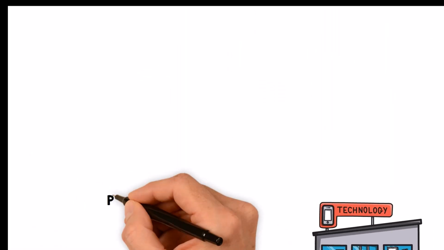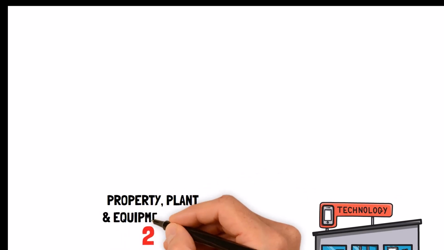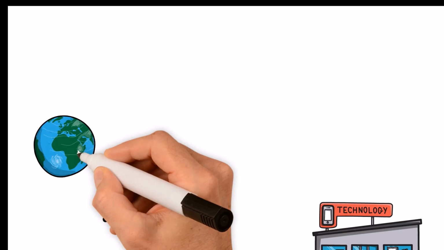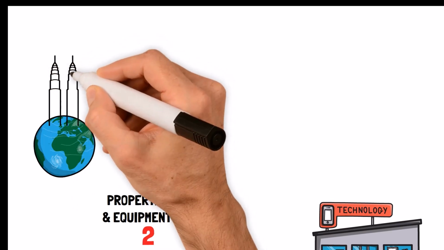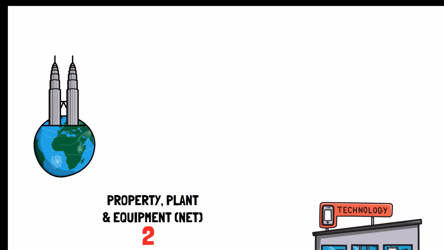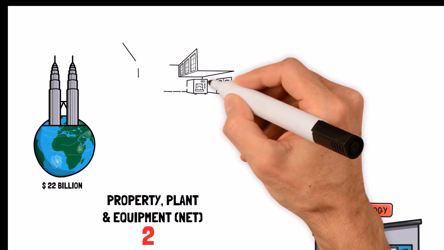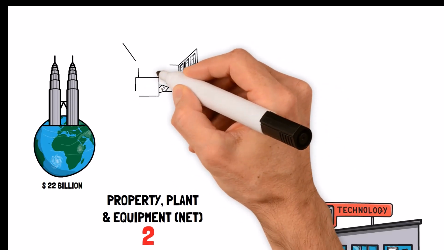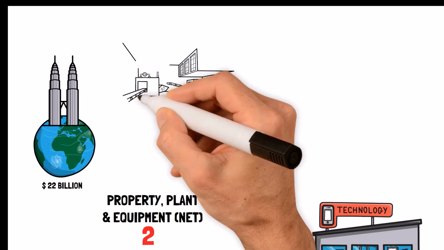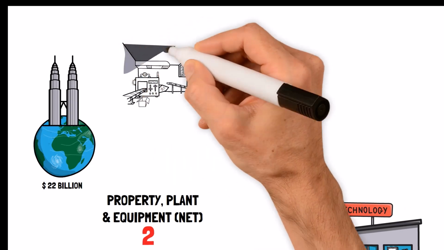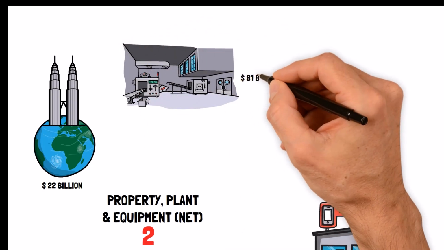Of the total amount concerning property, plant, and equipment, one of Apple's 3 different items is land and buildings. The original value for this asset class amounts to $22 billion. The second asset class constitutes machinery, equipment, and internal use software, adding up to a total value before depreciation and amortization of $81 billion.